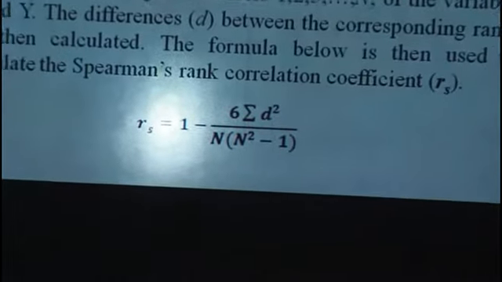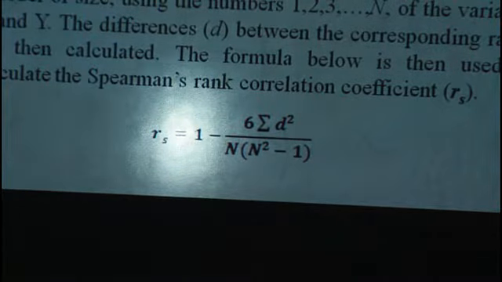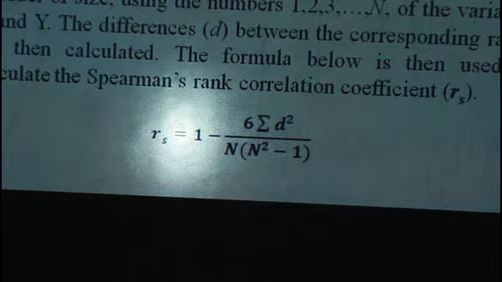Then with this, you end up using this formula. Don't forget, the Spearman's rank correlation coefficient is denoted by r sub s. When you are talking of population, it will be rho sub s.